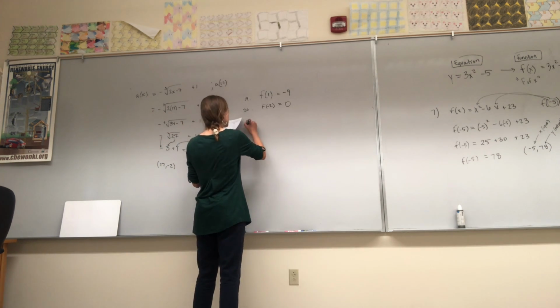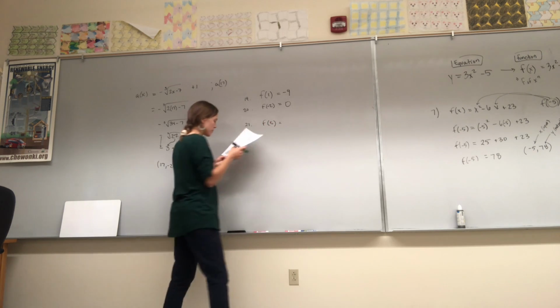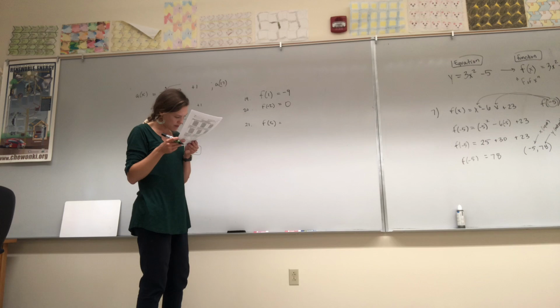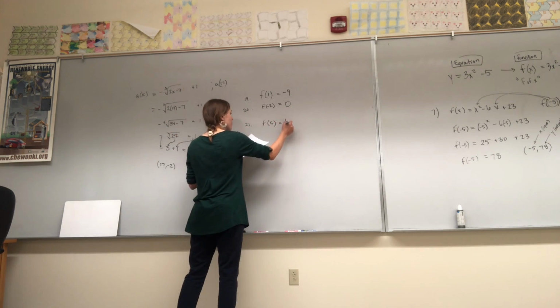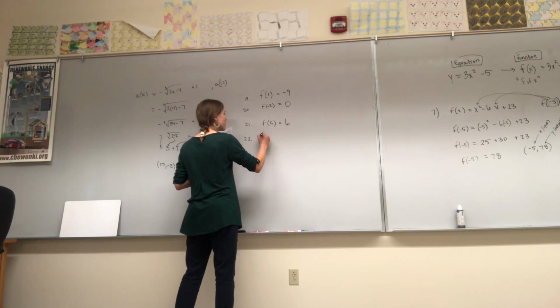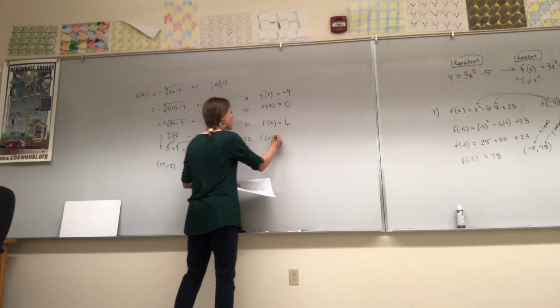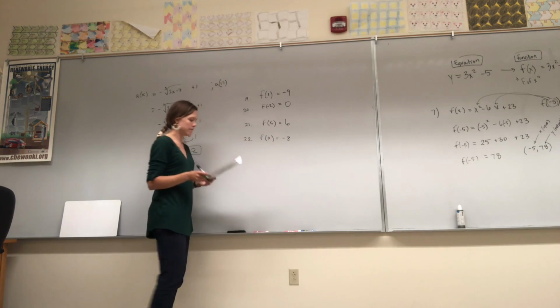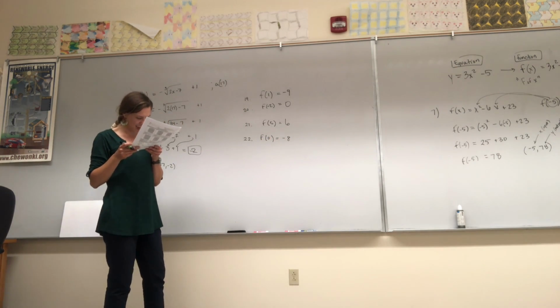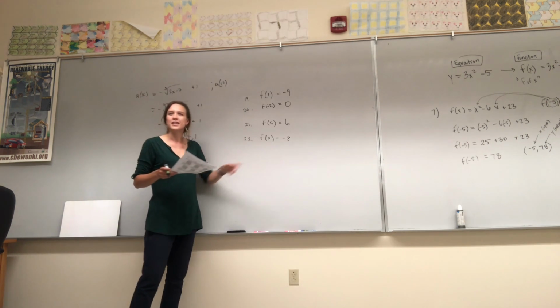In number 21, I have f of 5. What is the y value when x equals 5? It's 6. And then f of 0, so what is it when x equals 0? It's -8. Does this make sense?